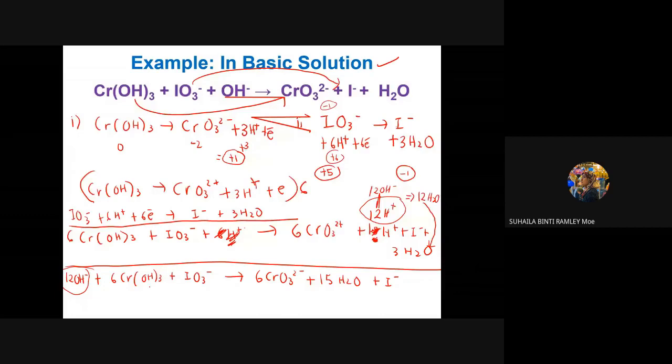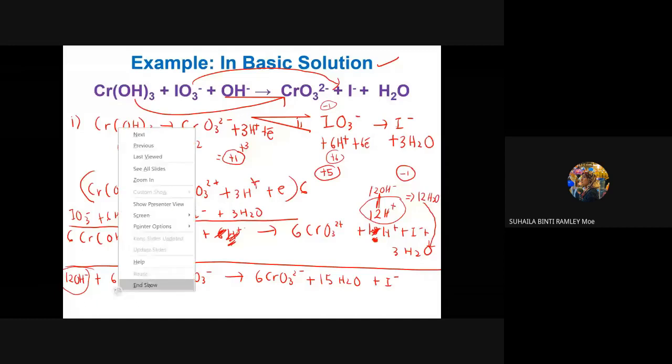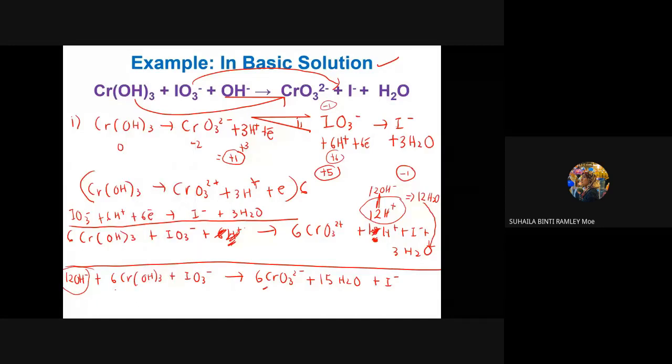The rest you check as usual, double check for element and charge. Cr 6, iodine 1. Hydrogen 30: hydrogen here 12, this one 18, so 30, matches. Oxygen: this one 15, this one 18, so 33.